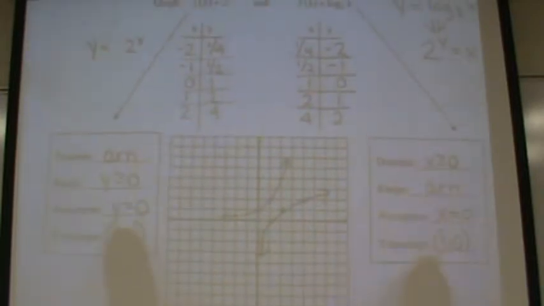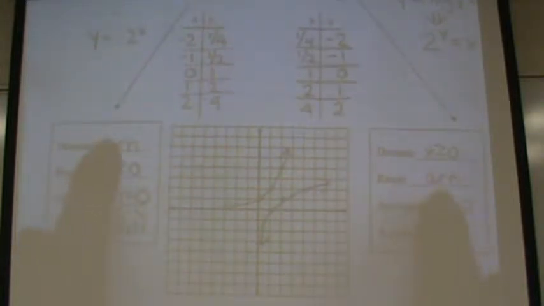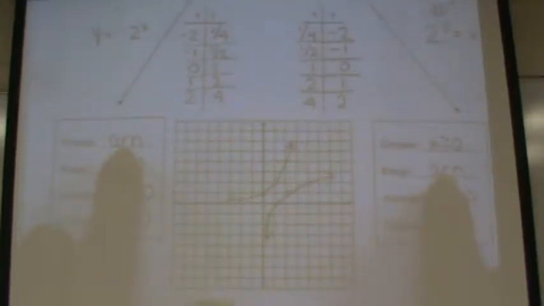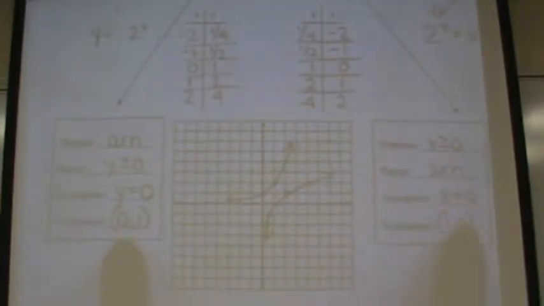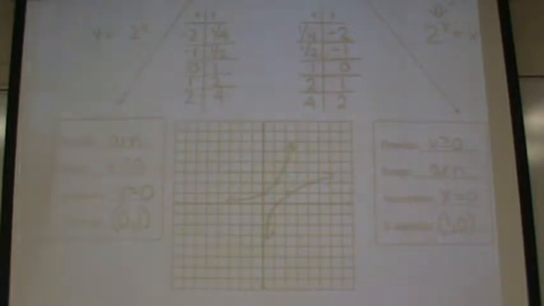Look at your table, your information here. When you do an inverse, your domain becomes your range, and your range becomes your domain. Check that out. And instead of y equals 0 as an asymptote, you have x equals 0. And instead of (0, 1), you have (1, 0). Everything gets switched around.